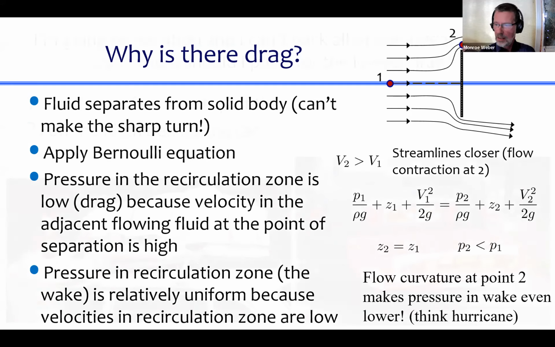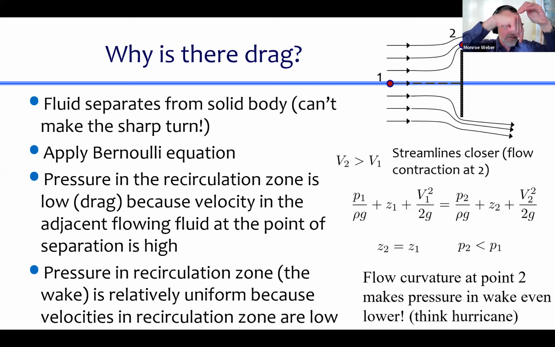Then I'll add even a third thing that makes it bad. This is just like extra credit. There's flow curvature. The streamlines are curved at point 2. And if a streamline is curved, think hurricane.